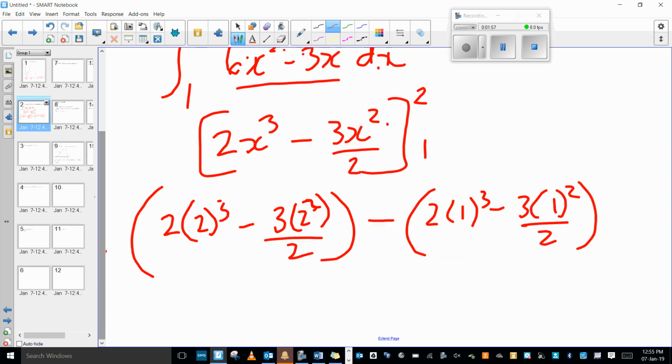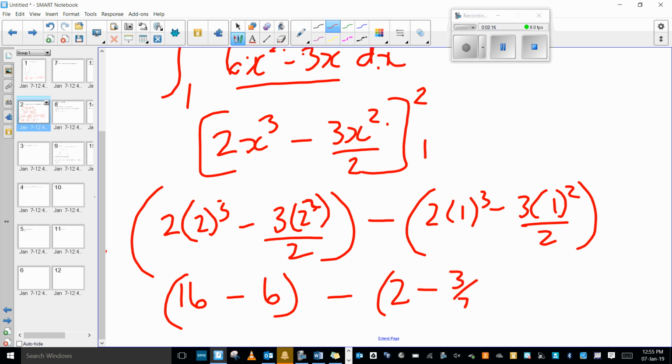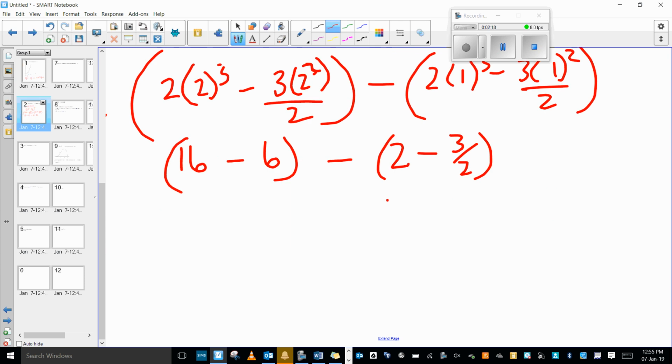So 2 cubed is 8, multiplied by 2 is 16. 2 squared is 4, multiplied by 3 is 12, divided by 2 is 6. 1 cubed is 1, multiplied by 2, and 1 squared is 1, minus 2. And so you've got 10, subtract 2, take away 1.5 is a half, so that's 9 and a half, however you put that.